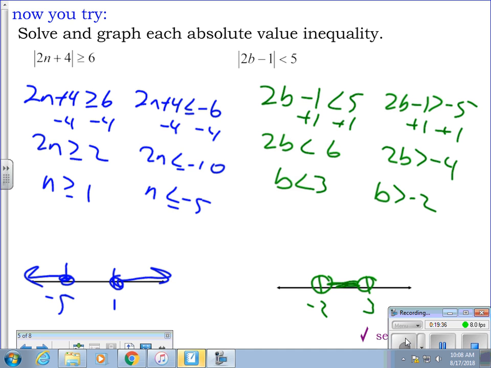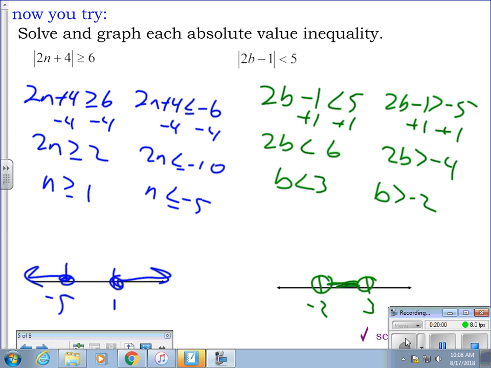Questions on it? Yes? I still don't understand the difference. Okay. If it's an and, it has to be true for both of them. So on this one here, whatever b is, b has to be less than 3 and bigger than negative 2. I cannot have a number that is not less than 3 and bigger than negative 2 at the same time.